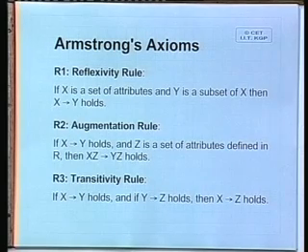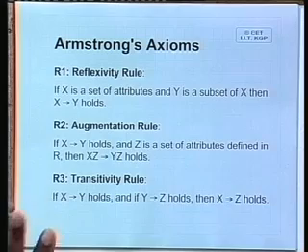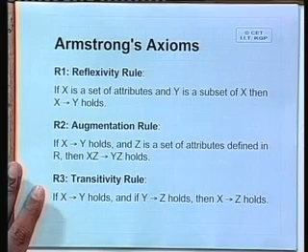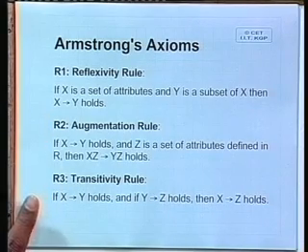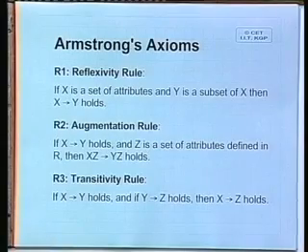The first rule, the reflexivity rule, says that if X is a set of attributes and Y is a subset of X, then X determines Y holds, or Y is functionally dependent on X. Now, you must understand, which is not written here, that X and Y are all defined in R. X and Y are not coming from two different relation schemas. They are from the same schema.